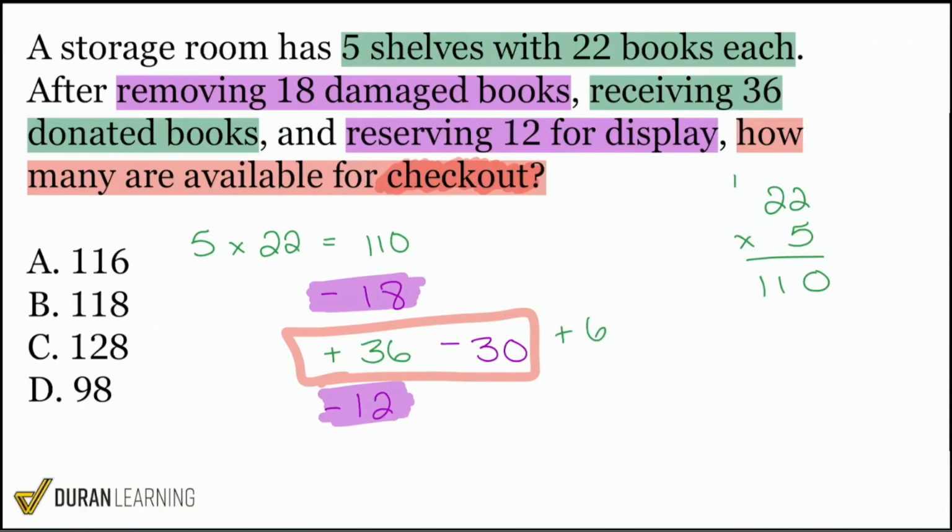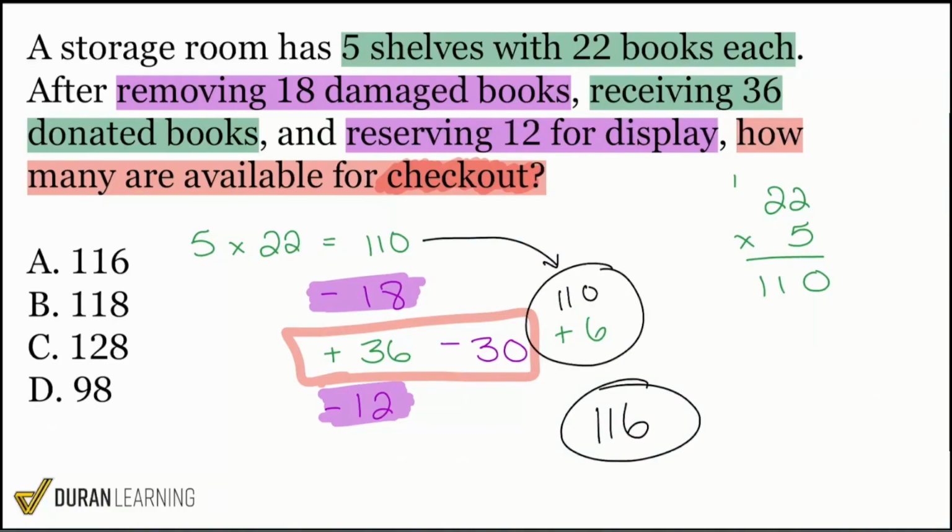How much easier does that make this problem? A lot easier, because you have the 110 plus the 6, and that is 116. And there we are. The mental math allows us to compartmentalize, split and glue things together, and that's the beauty of it. The correct answer here is answer choice A, 116.